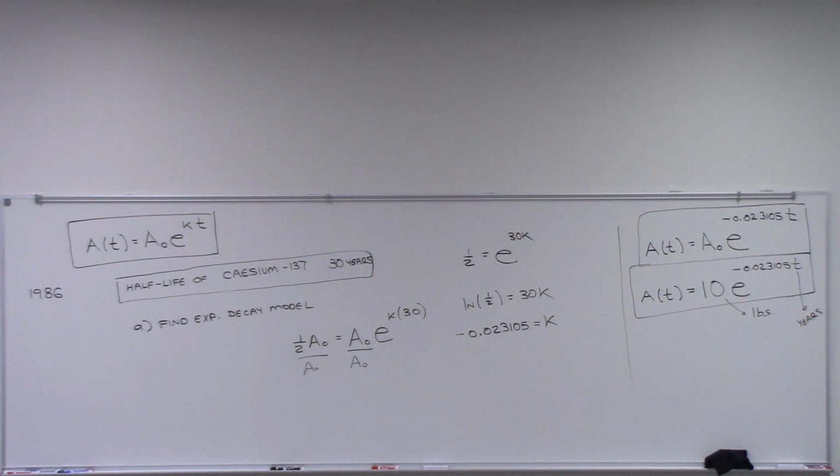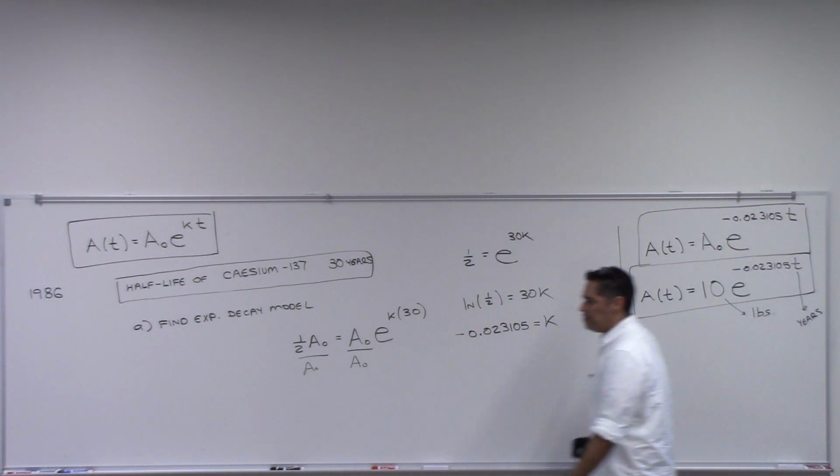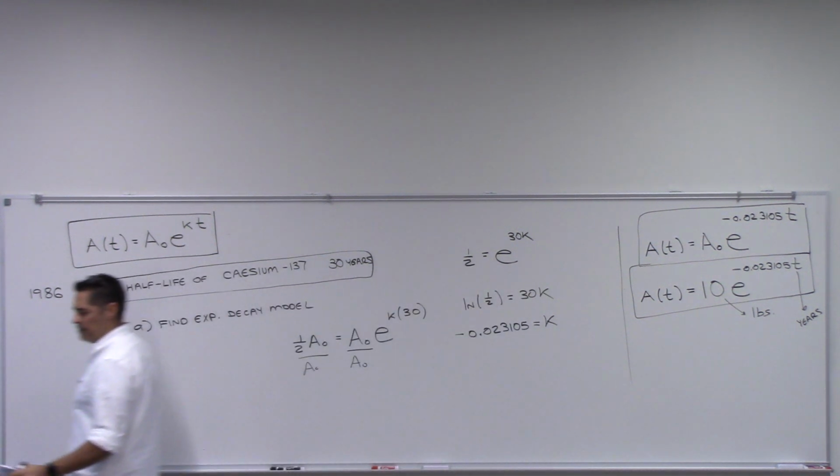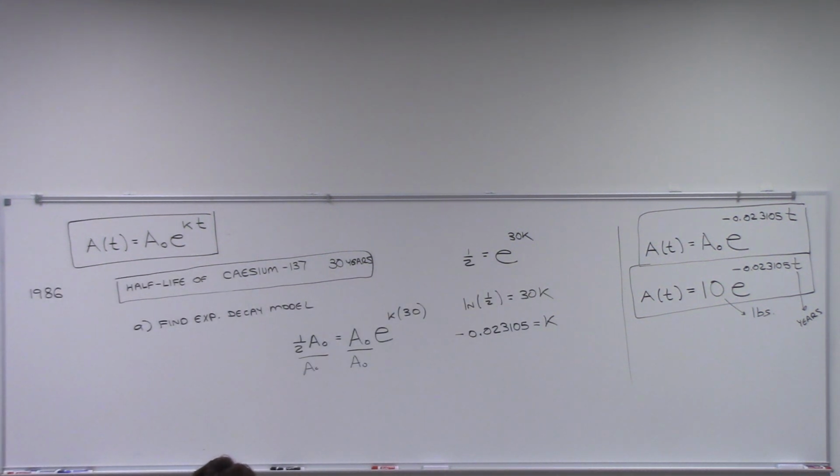Okay. So anyone want to guess what my next question is going to be? What is it today? How much of that Caesium-137 is still brewing in there right now, 2023?